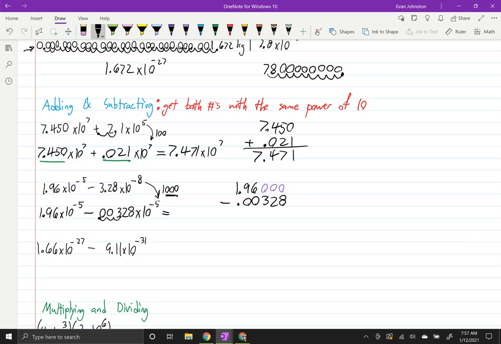Now, we want to remember our significant figures though. And I see here that our rule for significant figures for adding and subtracting is if you don't know it, you can't show it. So I really only know 2 decimal places for both. So my final answer is only going to have 2 decimal places, but we want to do all the math here and then round at the end, which is the best practice.